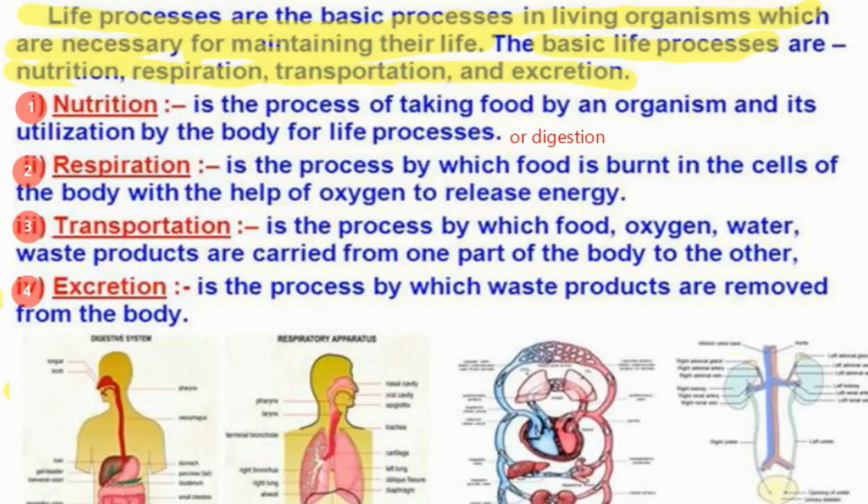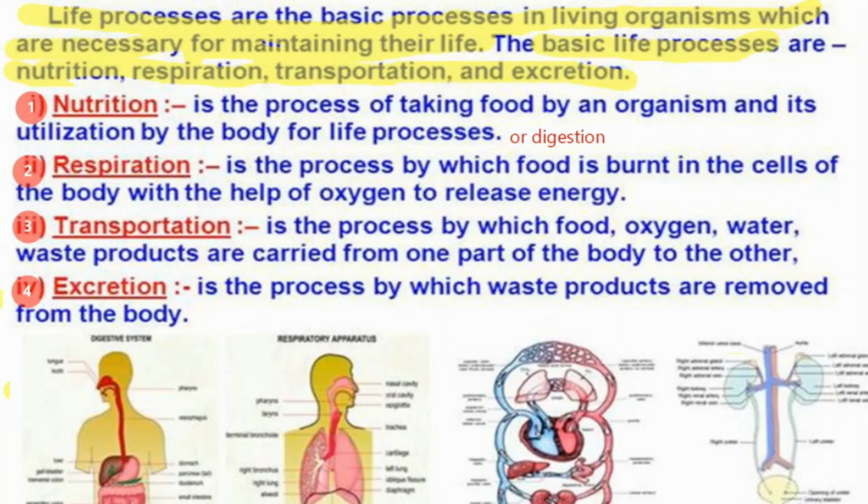And then the next process: whatever byproducts are created by these processes are not only useless for the cells or for the body, but could even be harmful. So these waste byproducts need to be removed from the body and discarded outside by a process called excretion.